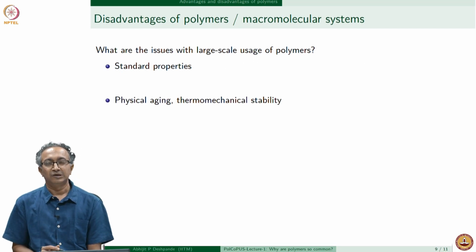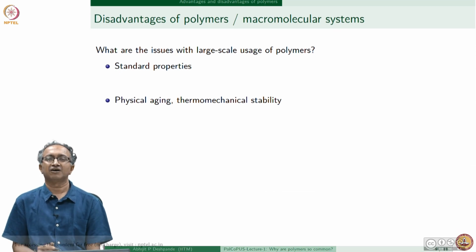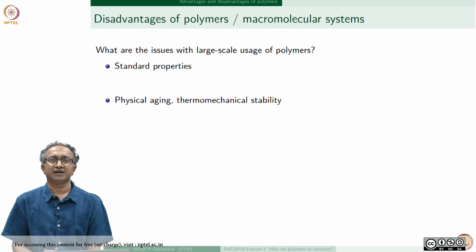The long-term stability of these polymers is also an issue. So we know, for example, that a bucket will break after some time, and especially if we keep it in the sun, then it tends to break earlier. So in applications such as a bucket, which are not as safety oriented, it may be fine. But what if you want to use it in an aircraft?